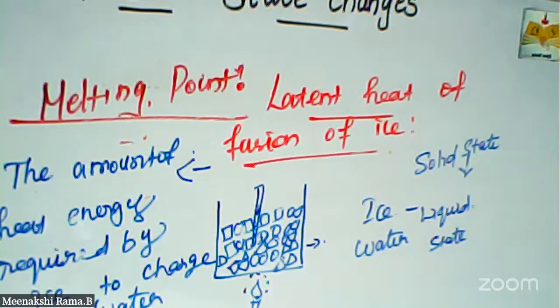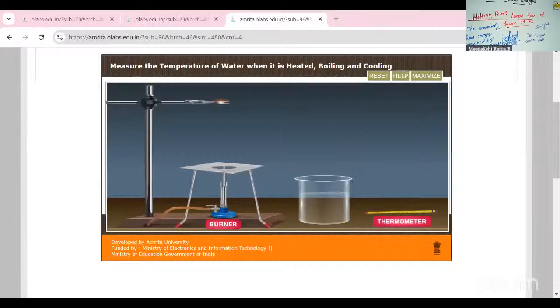In this simulation, we are going to learn what is vaporization and how the water is changed into gaseous state. The solid changes are clearly understood when you learn this.